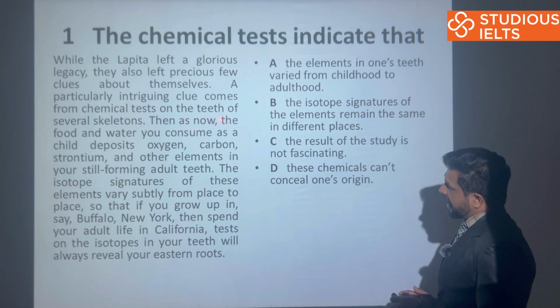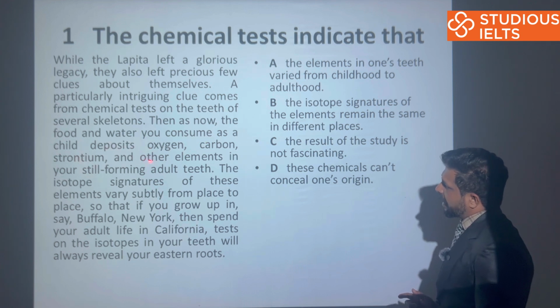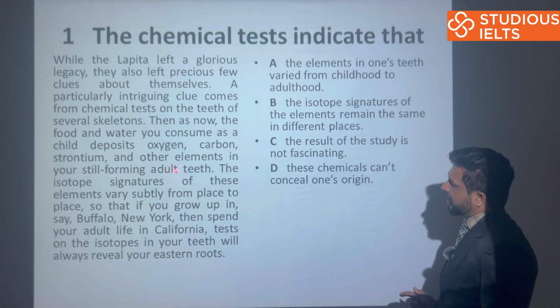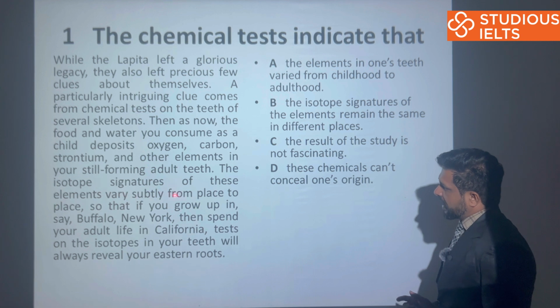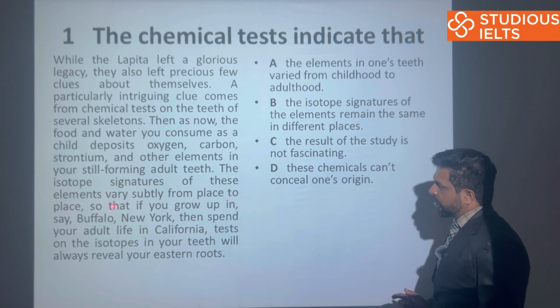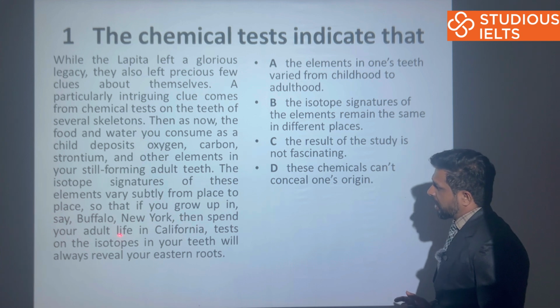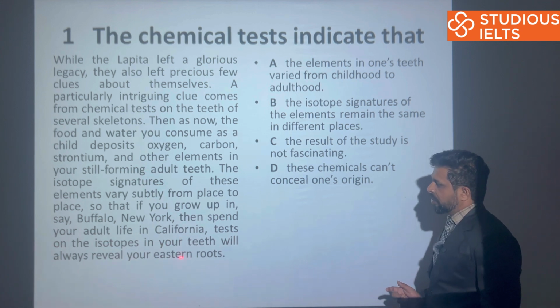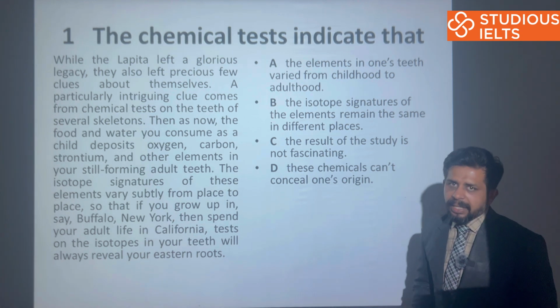Then, as now, the food and water you consume as a child deposits oxygen, carbon, strontium, and other elements in your still forming adult teeth. The isotope signatures of these elements vary subtly from place to place, so that if you grow up in, say, Buffalo, New York, then spend your adult life in California, tests on the isotopes in your teeth will always reveal your Eastern roots. What have I understood from this entire paragraph?